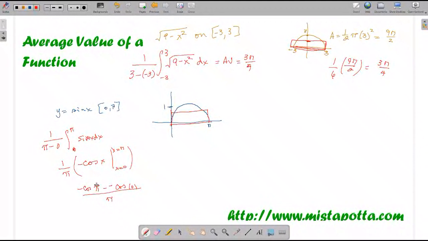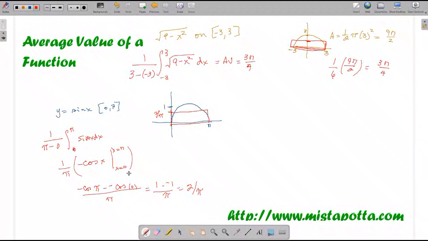Well, cosine of pi is negative 1, so this ends up being 1 minus a negative 1 over pi, or 2 over pi. And so that means that this average height of this rectangle is really 2 over pi. That's the average value of sine of x on the domain from 0 to pi.